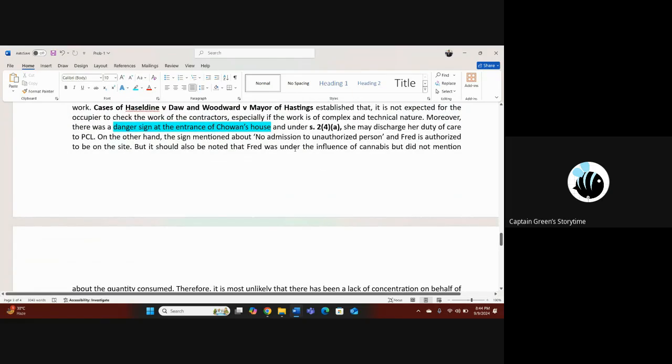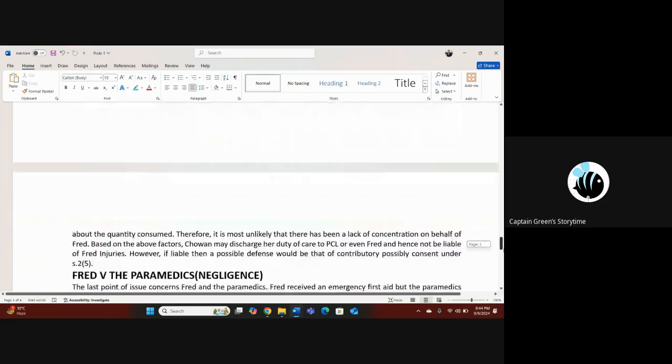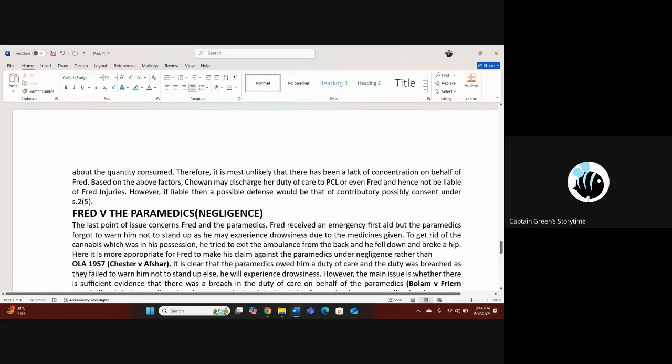But it should be noted that Fred was under the influence of cannabis, but did not mention the quantity consumed. Therefore, it is more likely that there was a lack of concentration on behalf of Fred. Based on the above factors, Joanne may discharge her duty of care to PCL or even Fred and hence not be liable for Fred's injuries. However, a possible defense would be contributory negligence and consent under Section 2.